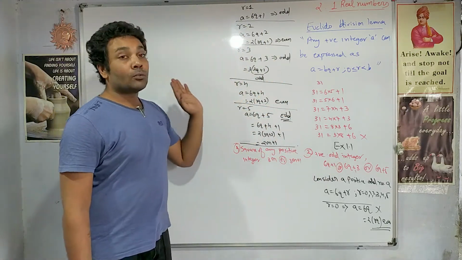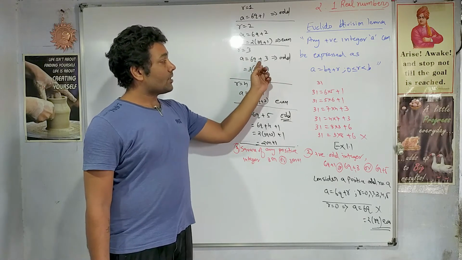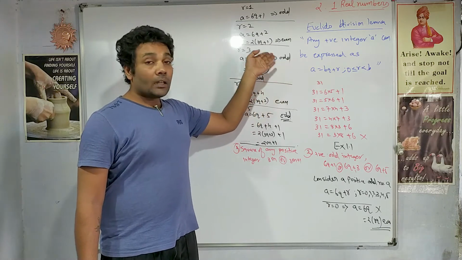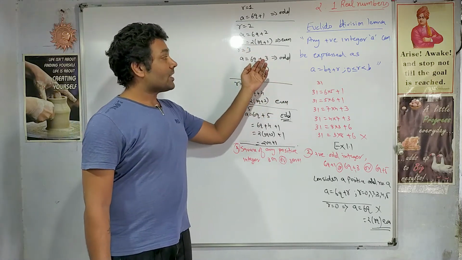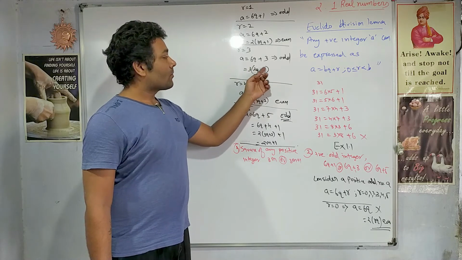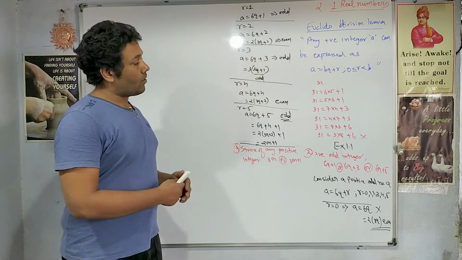If we take r equal to 3, for this again, it falls into this category, that means it is odd. Now we try to prove that this is odd, by some simple simplification. This is an odd number, so an odd multiple of odd will again give you odd, right?